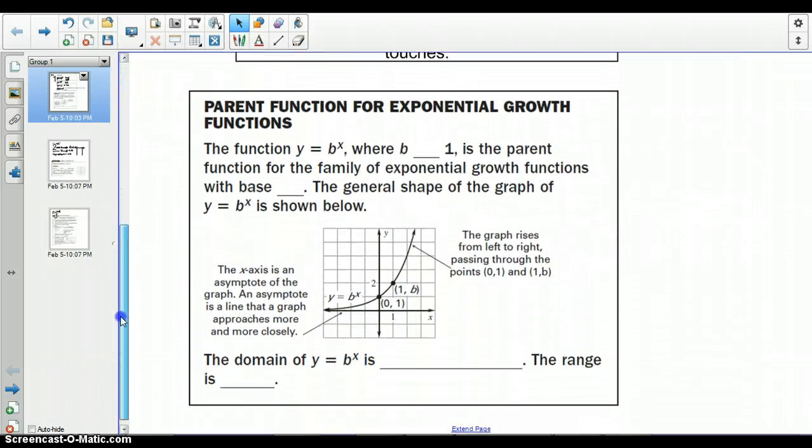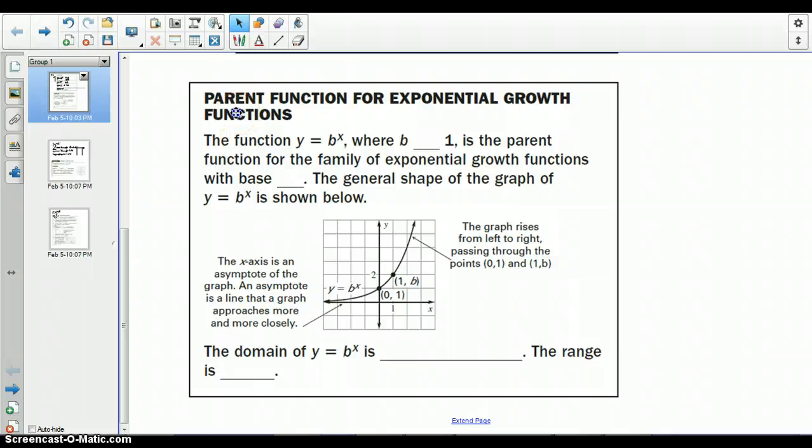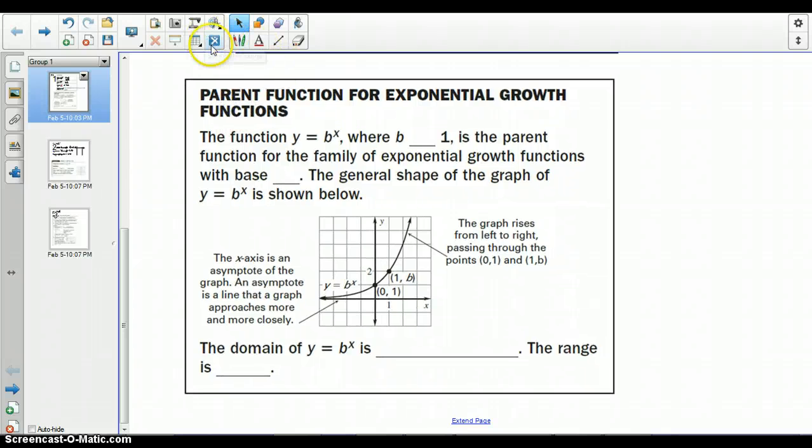Okay, so now let's talk about the parent function for the exponential growth functions. This is what the parent function actually looks like. If you are able to graph this parent function, from there you can graph all other functions that you're given just by doing some stretches and some vertical and horizontal shifts that we'll discuss probably in a different video.